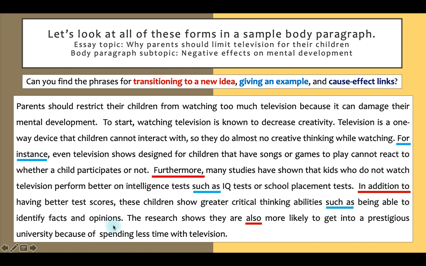And our cause-effect links, here we have because, followed by a sentence form. We have our comma so, also followed by a sentence form. And we have because of, and we have our gerund form after it.